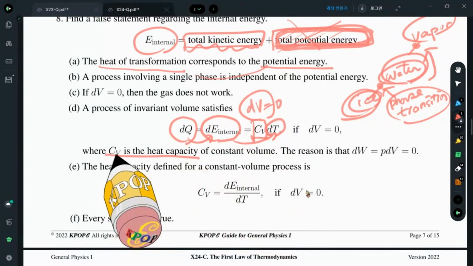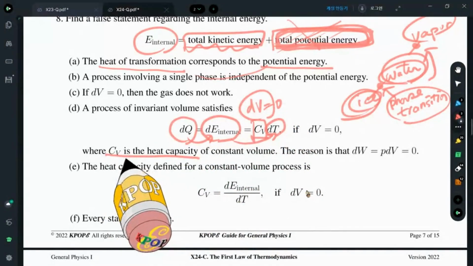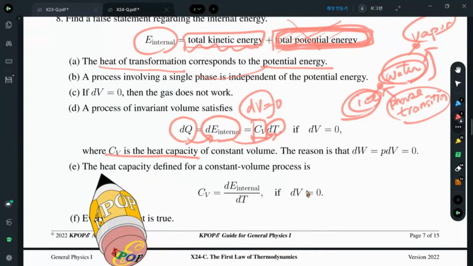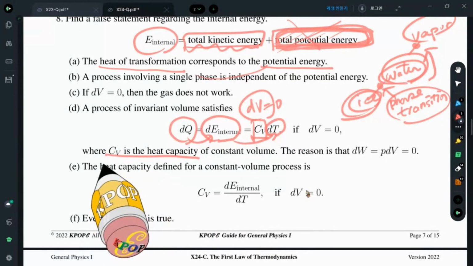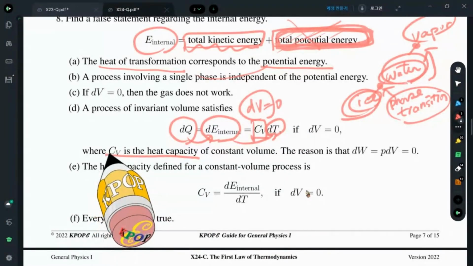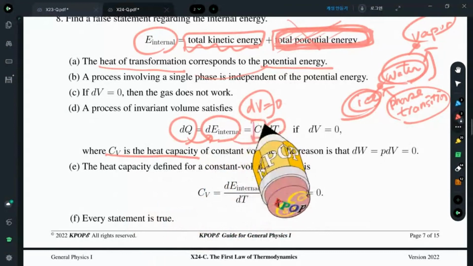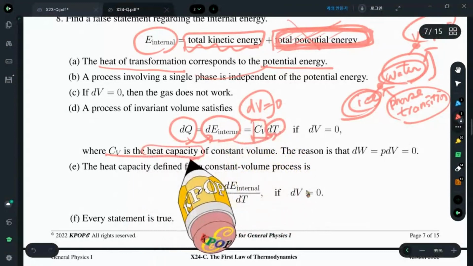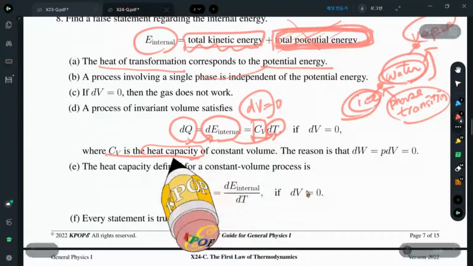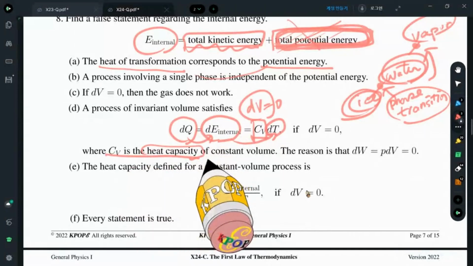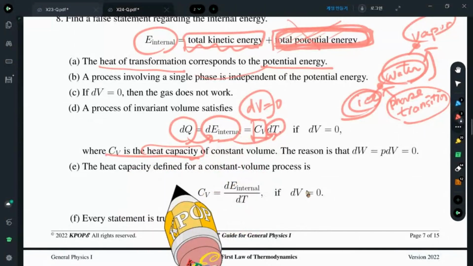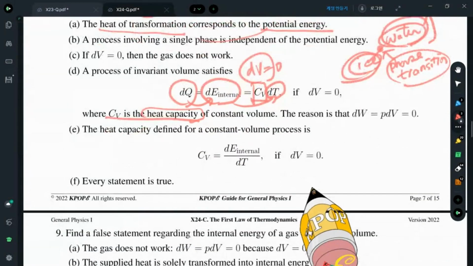If you allow a change in volume, for example in the constant pressure process, the gas can expand, so it requires another amount of energy to expand. Therefore, the heat capacity of the constant volume process is smaller than the heat capacity of the constant pressure process.